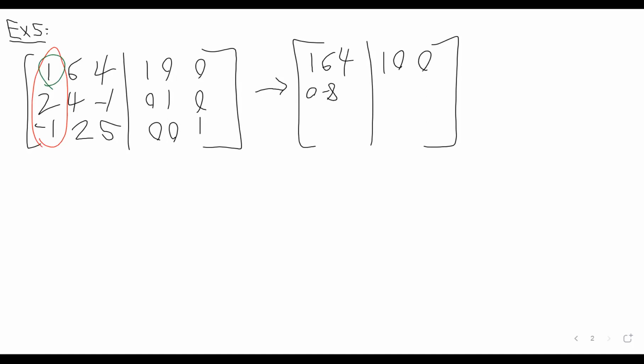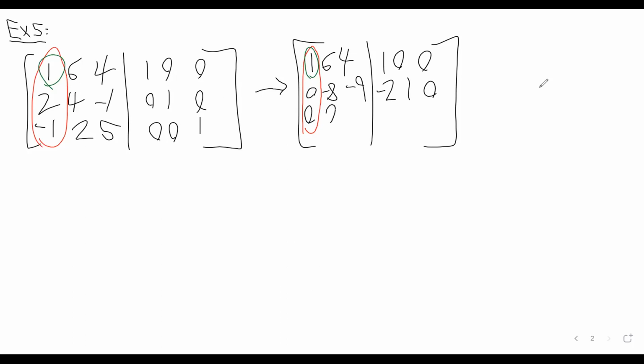And so you'll have that. And then also at the same time, this is the first column there. This is the topmost entry, which is a 1. And so I'm going to add the first row to the third row. That way, this entry is a 0.